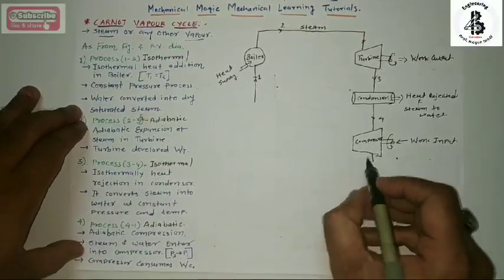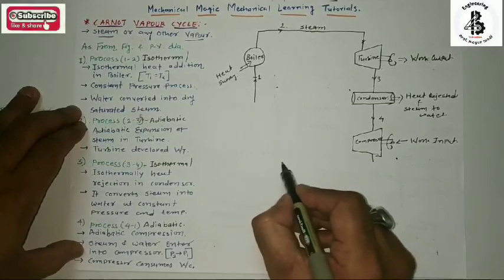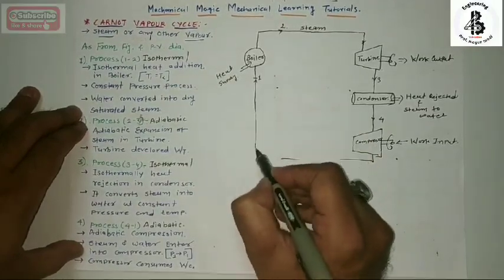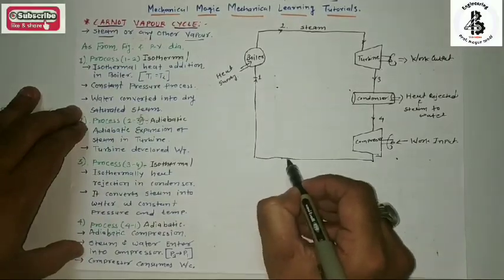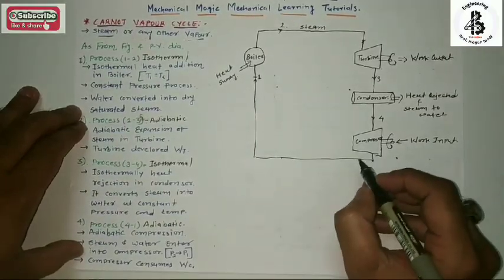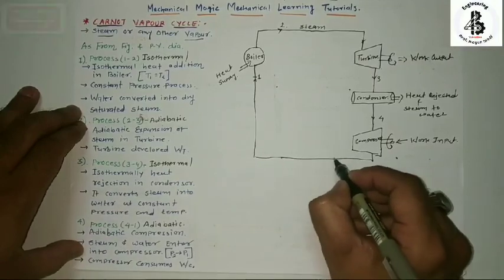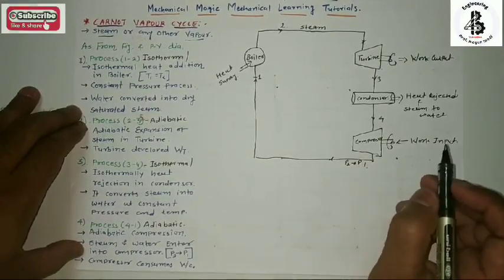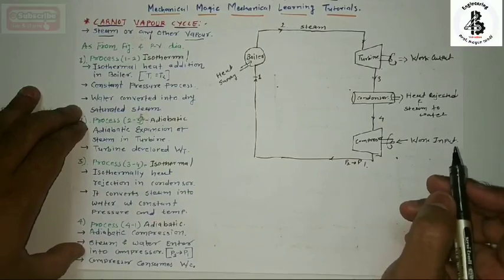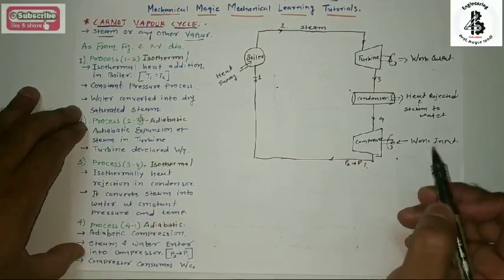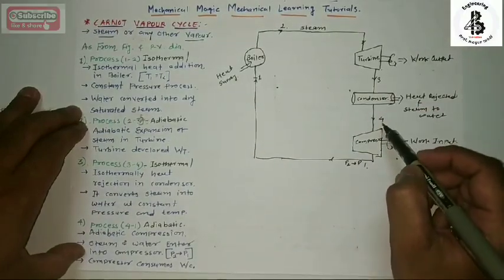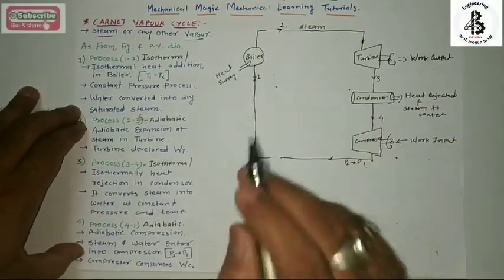With the application of the compressor, the pressure increases from P2 to P1. That completes the cycle: the 1 to 2, 2 to 3, 3 to 4 and 4 to 1 processes.